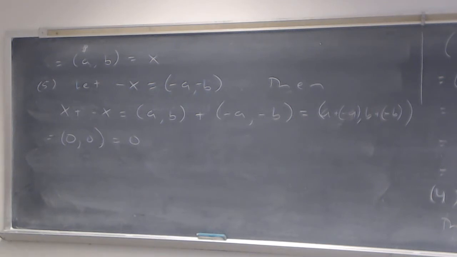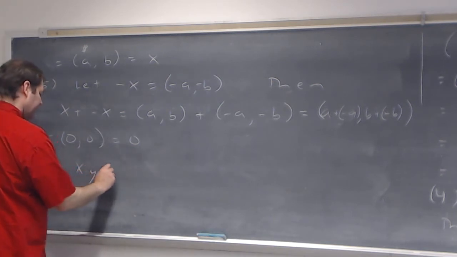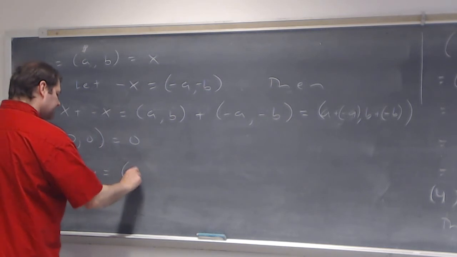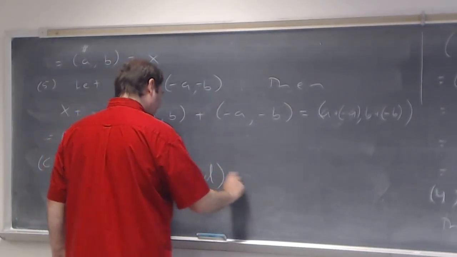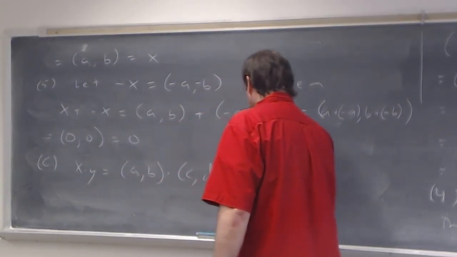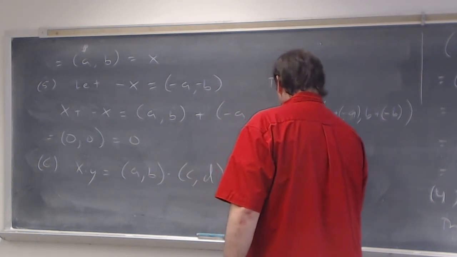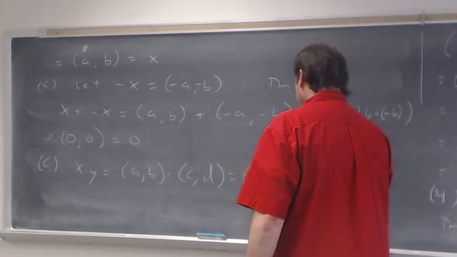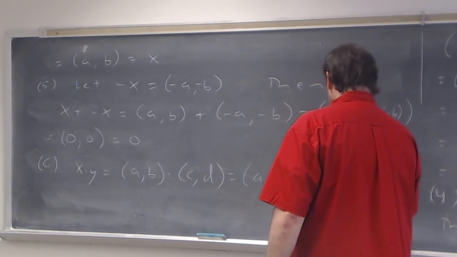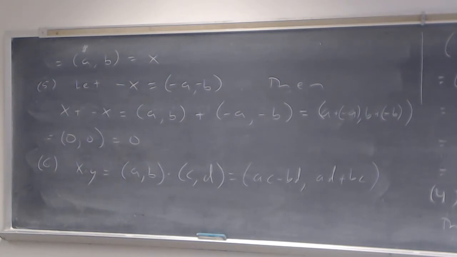And then, sixthly, we want to look at multiplication. So if we take x times y, we want that to be a complex number. Well, x times y is going to be (a, b) times (c, d). And the way that's defined is that it's going to be ac minus bd, and then the second coordinate is going to be ad plus bc. That's its definition.